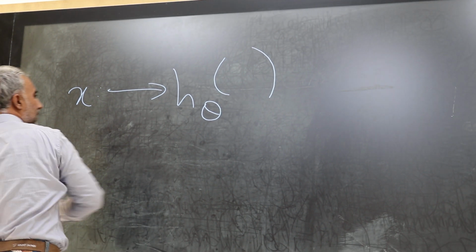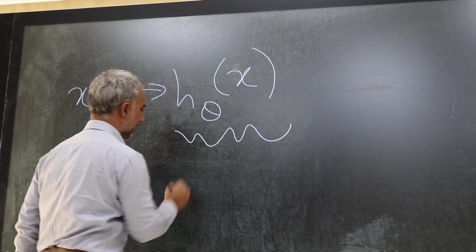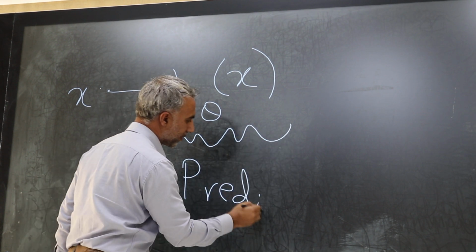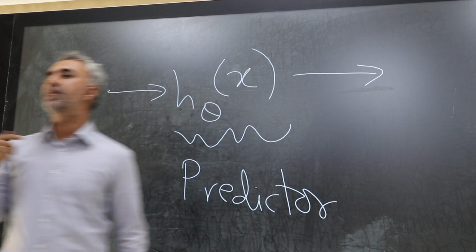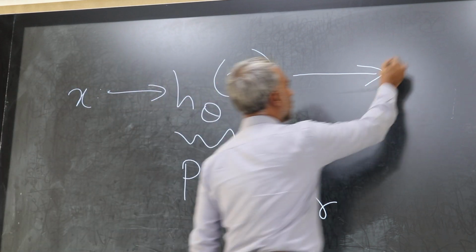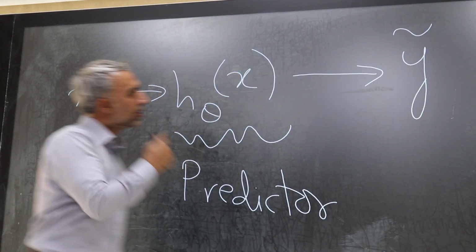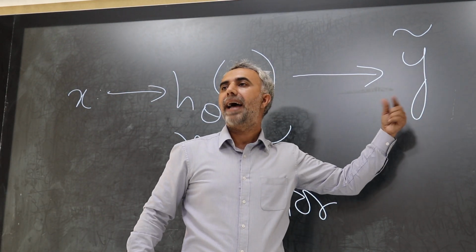Here, the simple linear classification is some kind of predictor, and this predictor is giving you some kind of output.